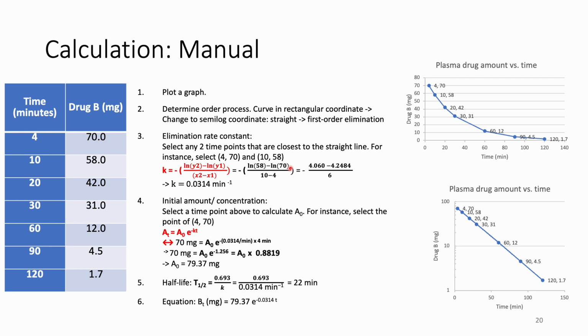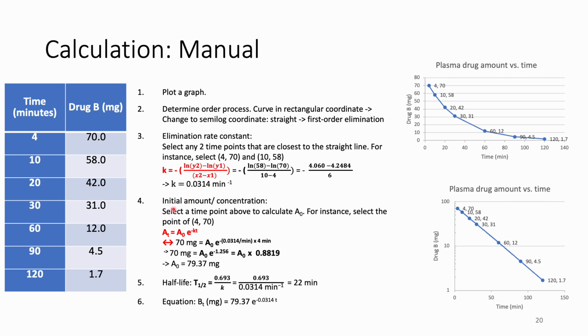Plugging the numbers in, I calculate k equal to 0.0314 per minute. So the k value of 0.0314 per minute is the fraction of drug eliminated per minute.